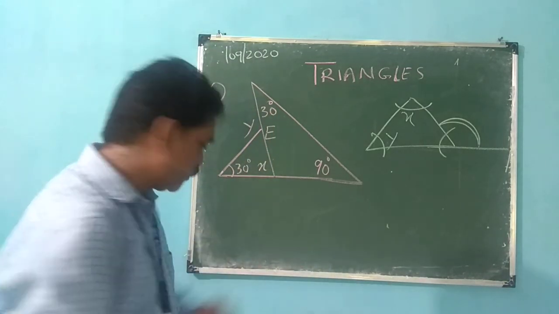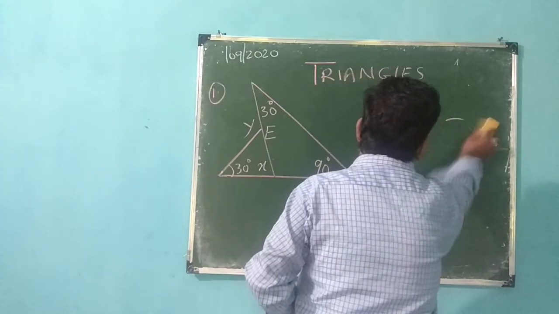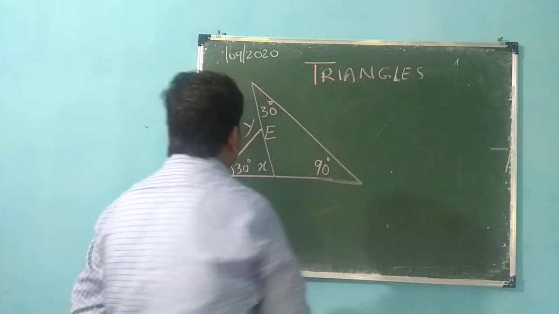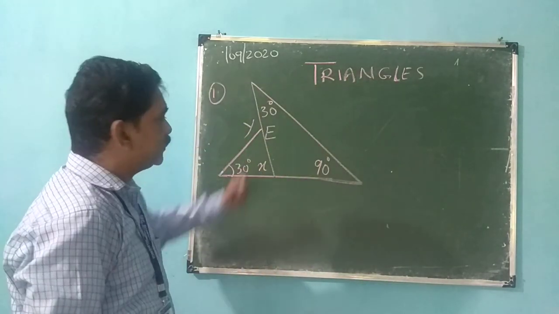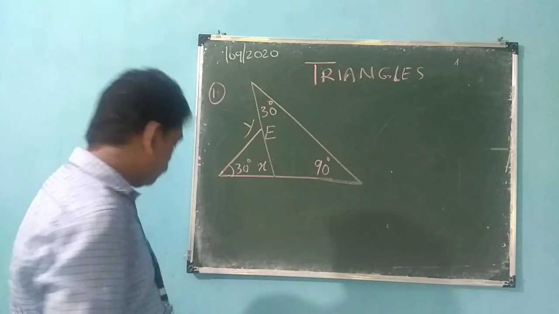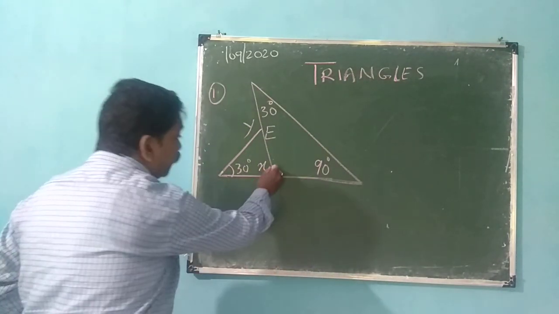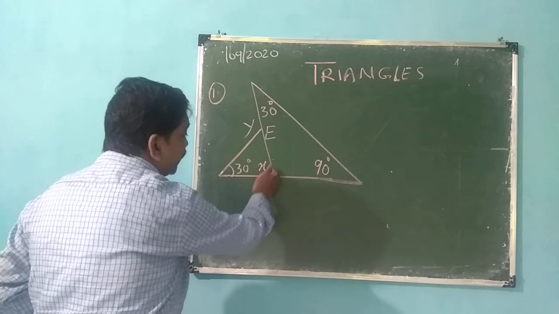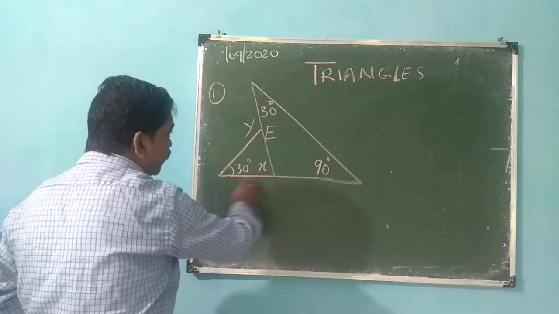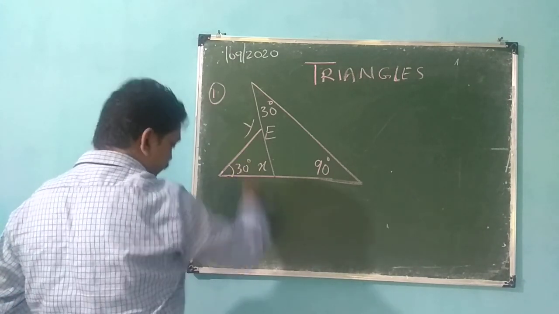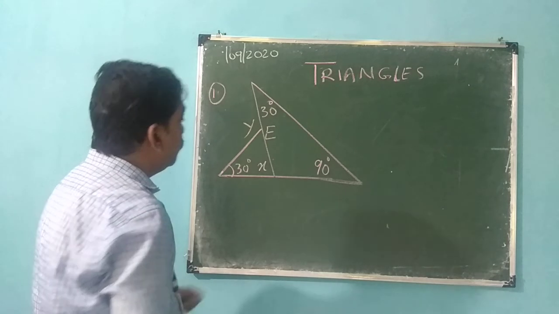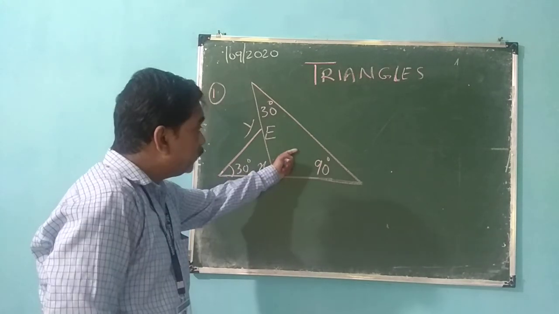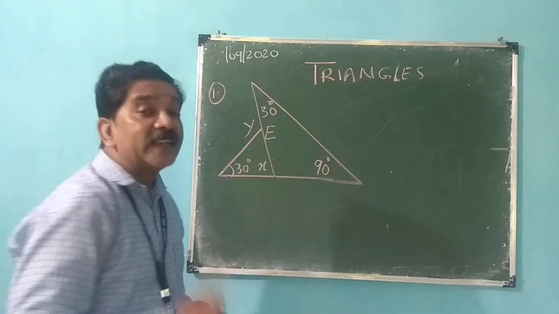Based on these properties, we can easily solve this question. Alright, let us do this question. Now see here, we have to find out the value of x and y. Now if you look at the value of x, this is an exterior angle. This is the interior angle for this small triangle. But for this big triangle, x is an exterior angle.